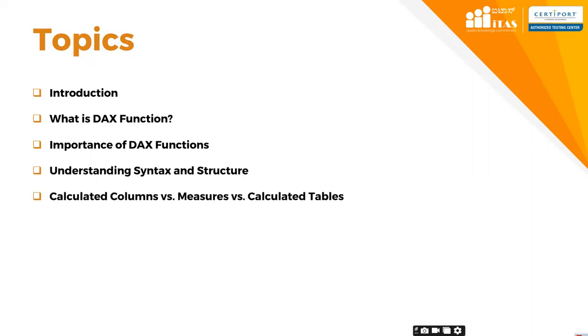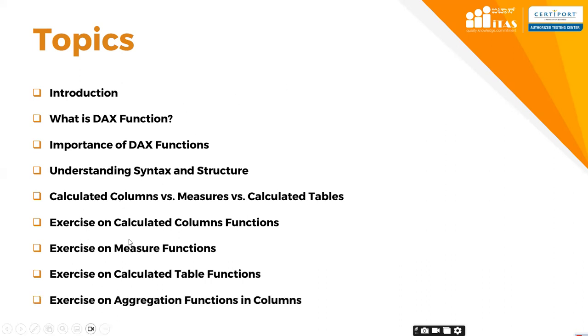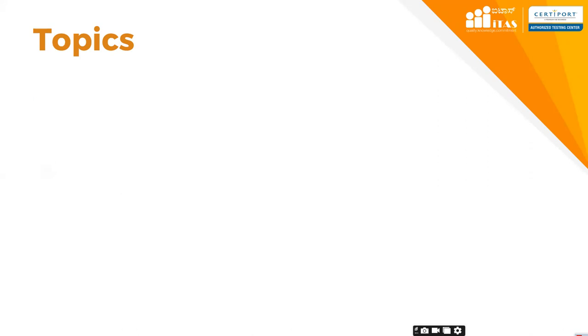Then we'll understand the three different types of calculations we do in DAX: calculated columns, measures, and calculated tables. Then we'll work on the exercises on calculated columns, then measures, then tables, and also the aggregate functions in DAX by using these DAX functions.